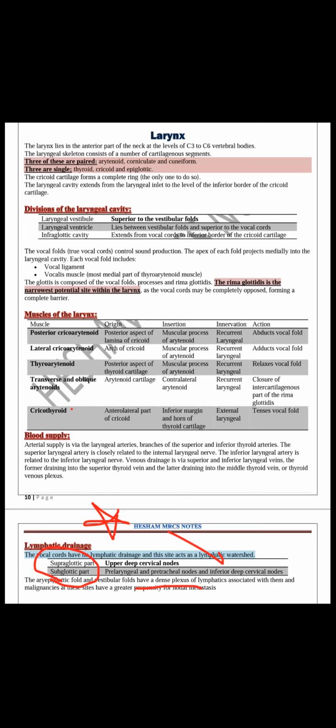Here, this is the lymph drainage of the larynx. The vocal cord itself has no lymphatic drainage, and it is called an area of lymphatic watershed. Supraglottic area into upper deep cervical, infraglottic into prelaryngeal and pretracheal, and this is into lower deep cervical.